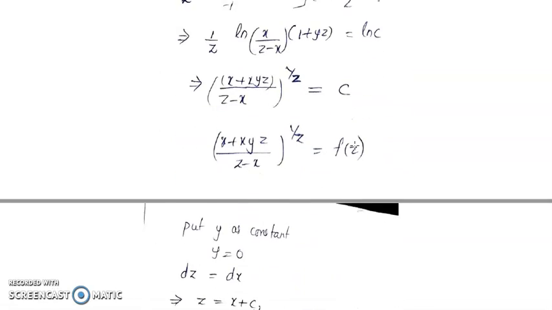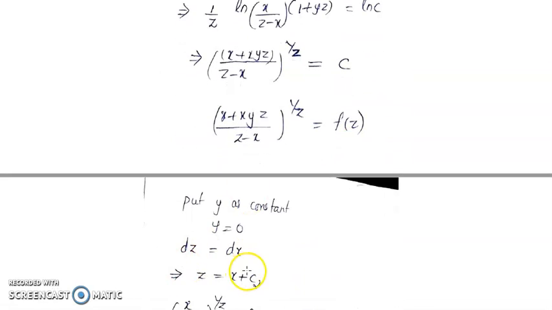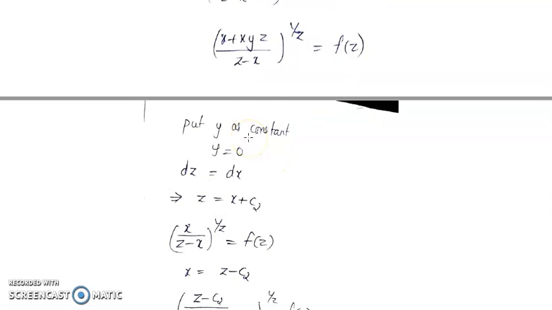So you are going to get dz equal to dx, or z is equal to x plus c2. Now putting y equal to 0 here, you will get x by z minus x whole raised to 1 by z equal to f of z. So these are the two equations.